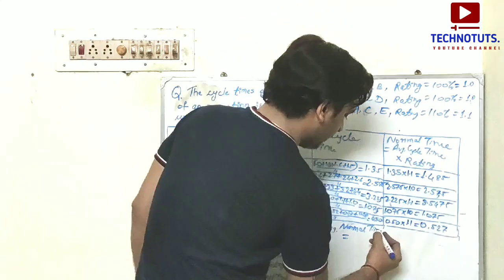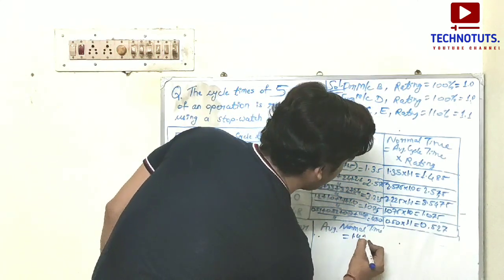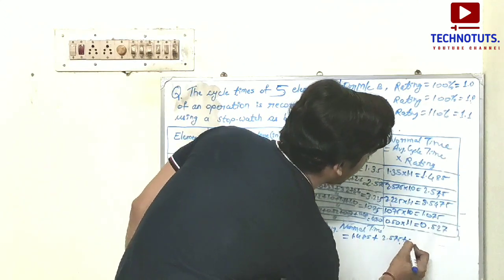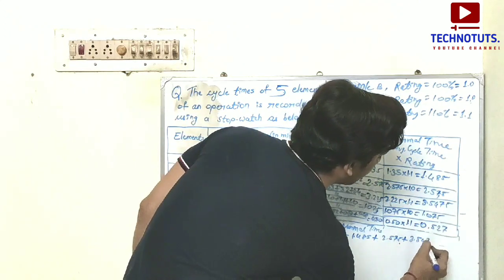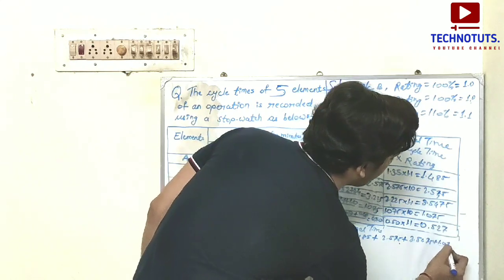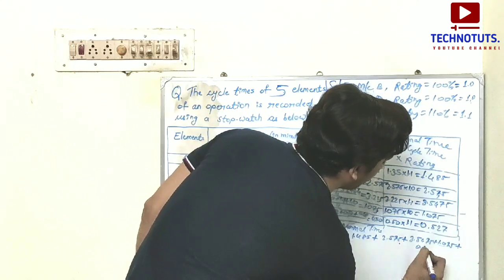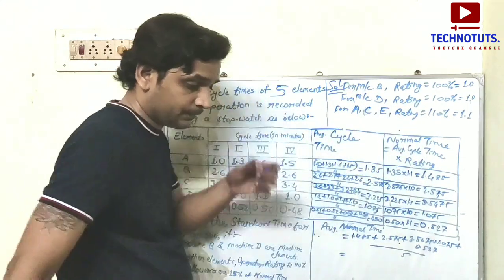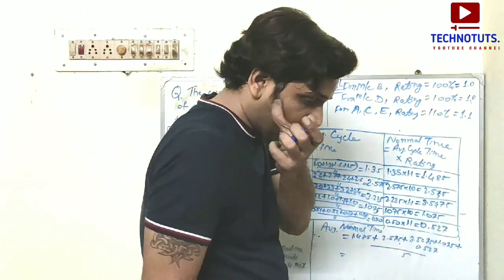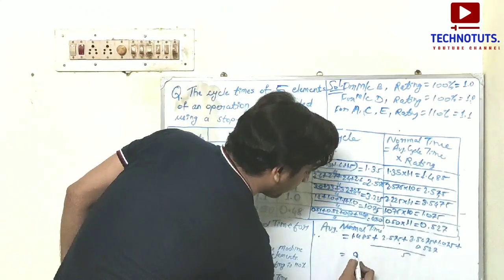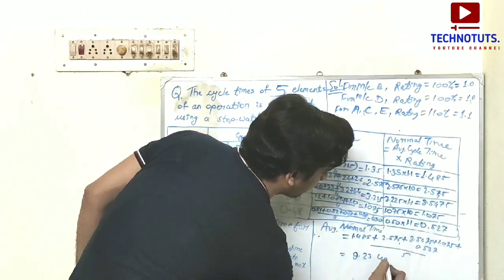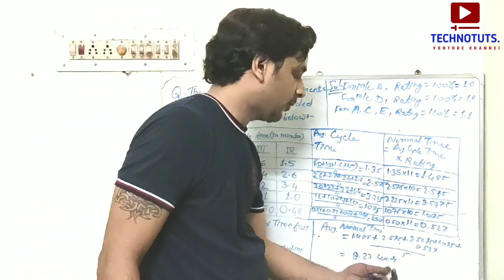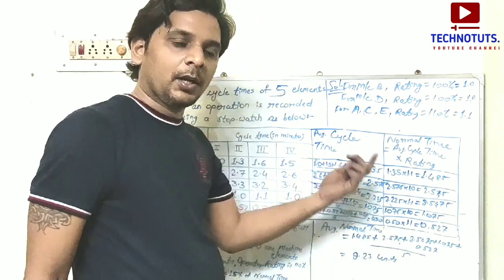Okay, so let us calculate it. 1.485 plus 2.575 plus 3.5475 plus 1.075 plus 0.527 divided by 5, which is equal to 9.23 units. If it is given in minutes, it will be minutes. If it is given in hours, it will be hours.